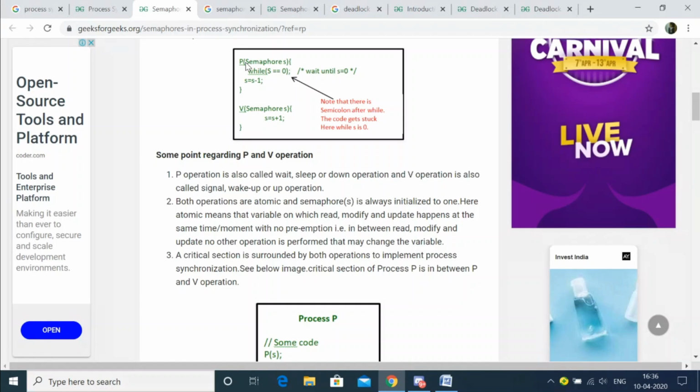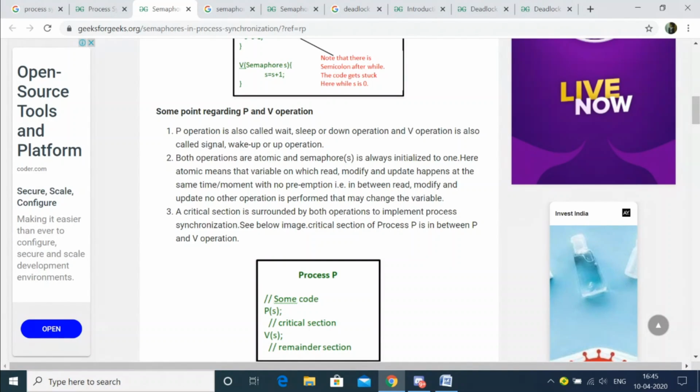And V operation, once the work is done inside the critical section and after coming out, sends the signal. So it's basically for notification purposes only, to the other cooperating processes that they can start.